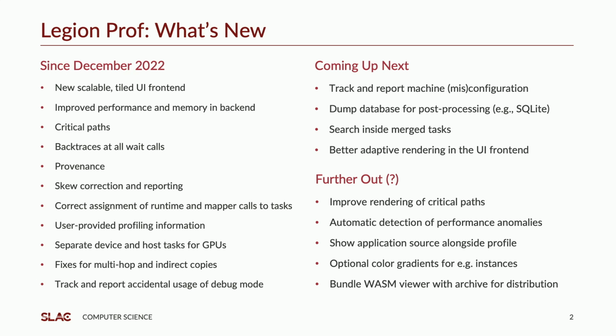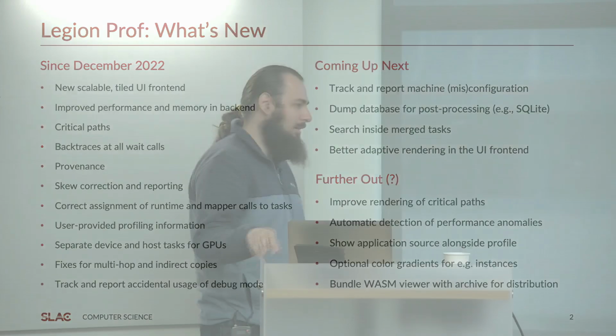But we also have a boatload of new features. We have Mike put in critical paths, so you can determine what was the thing blocking your task execution. We have backtraces on all your wait points, so when you're blocking on something, you can figure out what's causing it to block. We have provenance. There's some skew detection in the code now when your clocks are not aligned.